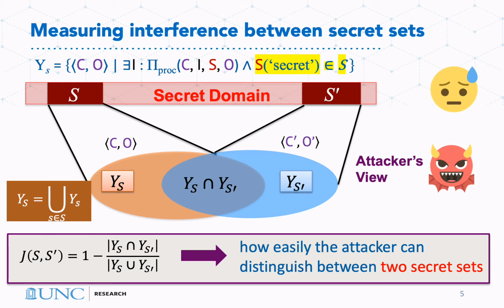When the secret set size is large, if the Jaccard distance is still high enough, that means the attacker could be able to distinguish between two large secret sets, and the attacker could use the outputs to largely narrow down the guessing space. And thus, once that happens, there should be much about the secret leaked.